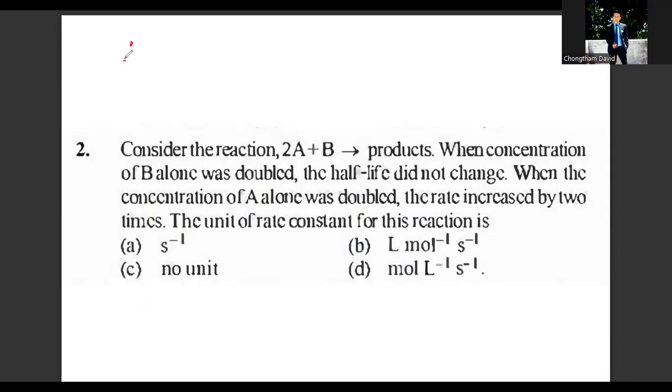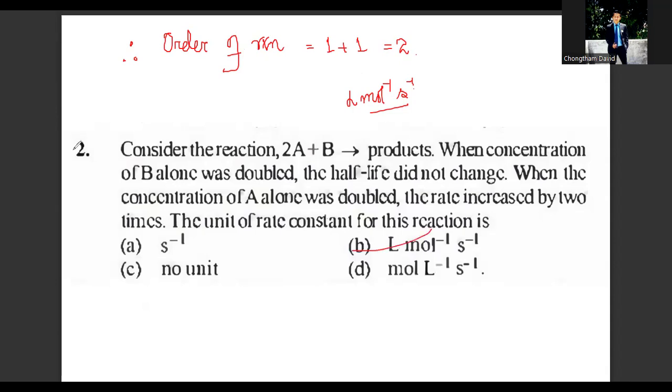Therefore, the order of the reaction is 1 plus 1, that is 2, and the unit of second order reactions is liter mole inverse second inverse. So from this you can easily decode the answer, option B.